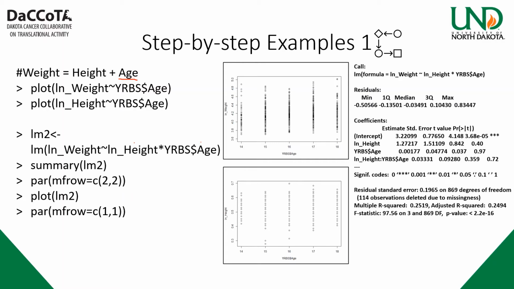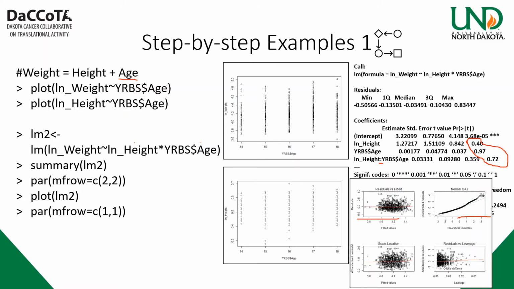The overall model is significant, but then when we look at the individual coefficients, height, age, and then the interaction shown by the colon here, none of those is significant, which leads me to think that there's actually probably a collinearity problem with age and height. So looks like adding age did not improve the model. And then the residuals, they look okay, but we have other reasons to believe this model isn't that great.